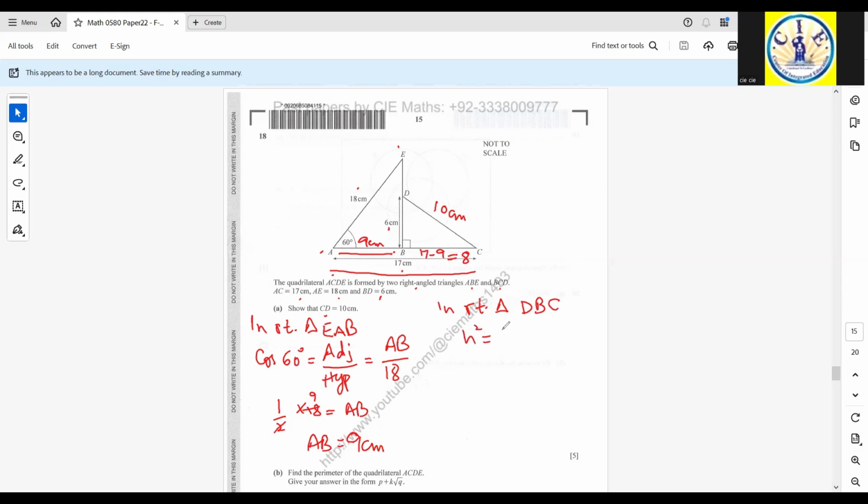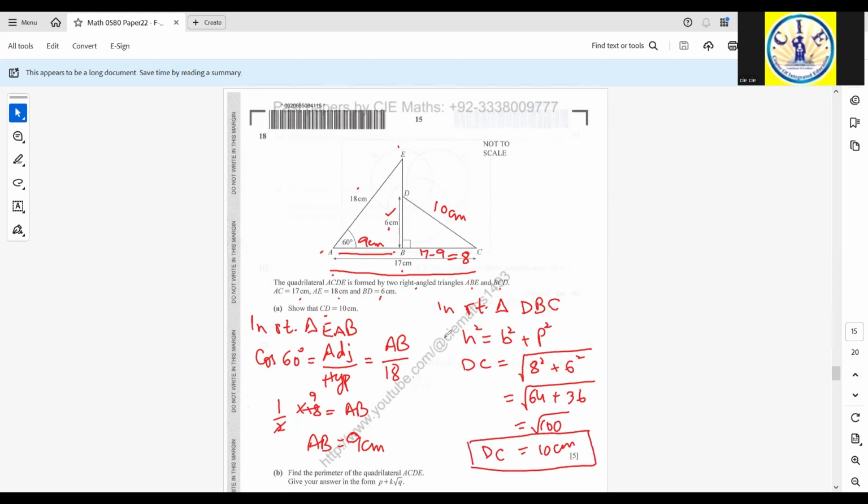The hypotenuse square is equal to the sum of base square and perpendicular square, that is DC is equal to the square root of 8 square plus 6 square, that is 100, and that is 10 centimeters. This is how we have shown that the length of the side DC is 10 centimeters.